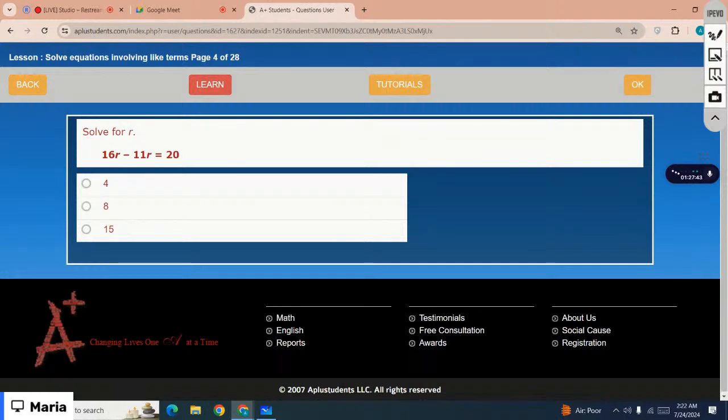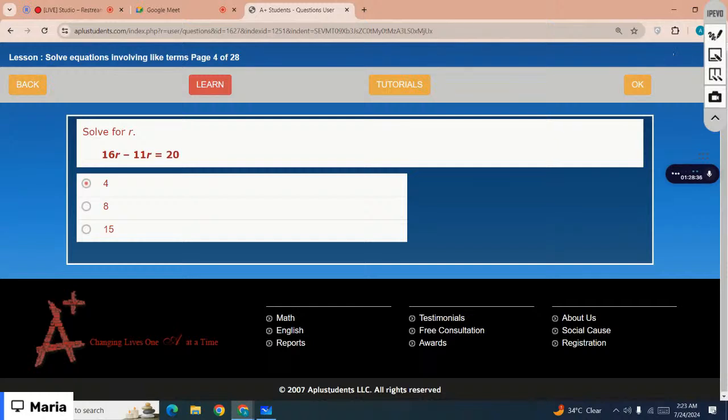16r minus 11r equals 20. Solve for r. Which is the correct option? Yes, very good.